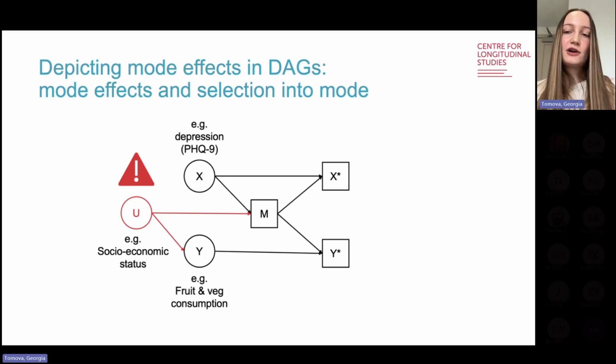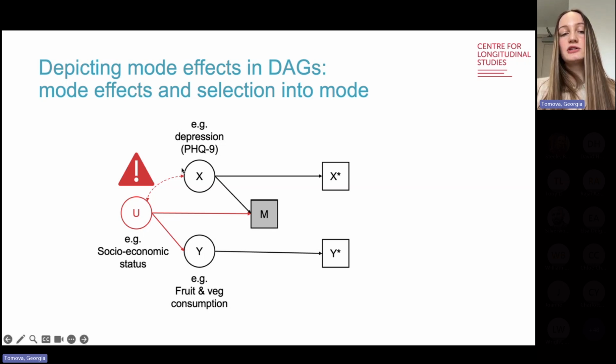If we have any variable that's causally related to the outcome and mode, then conditioning on mode would again introduce collider bias, because the exposure and the outcome would again have a spurious relationship that is transmitted via U.